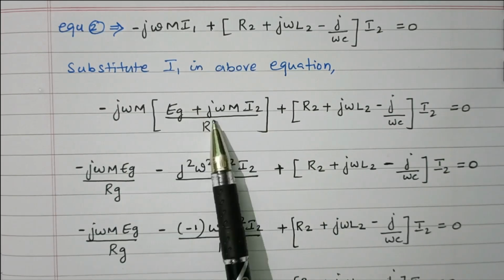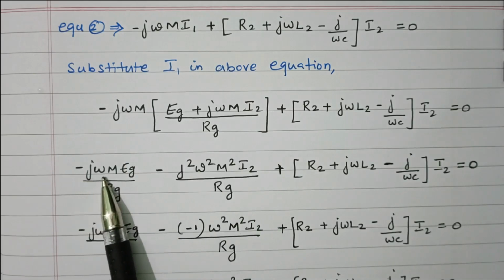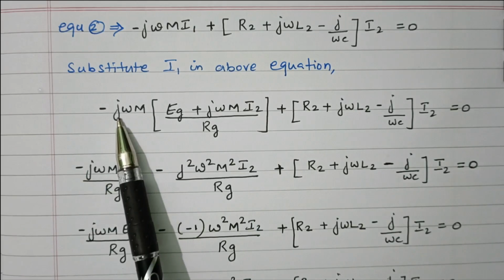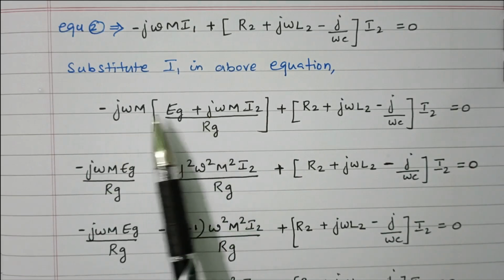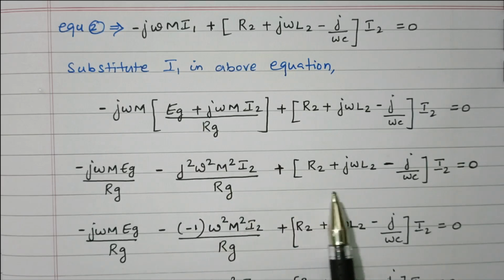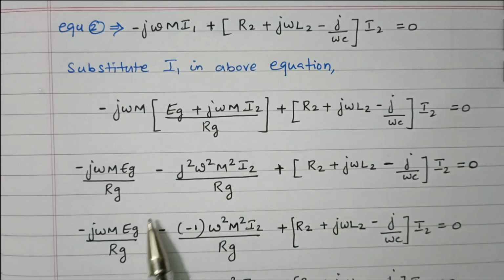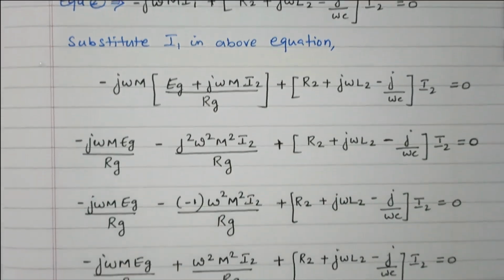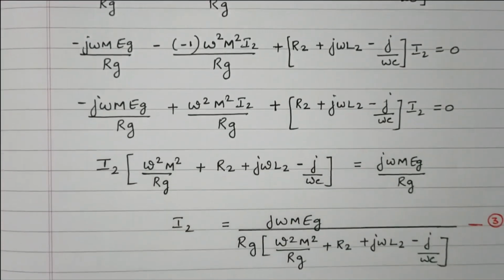Now we multiply inside: minus j omega M Eg by Rg, minus j times j square omega square M square I2 divided by Rg, and this term is available with I2. Now j square is minus 1, so we go for further simplification.